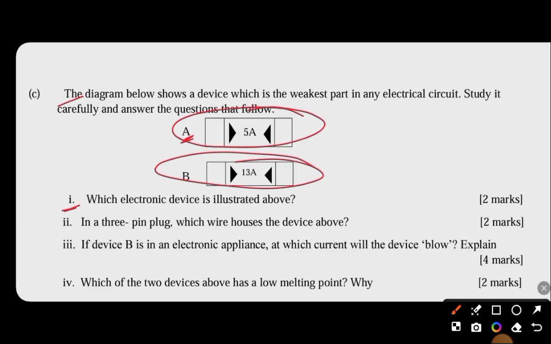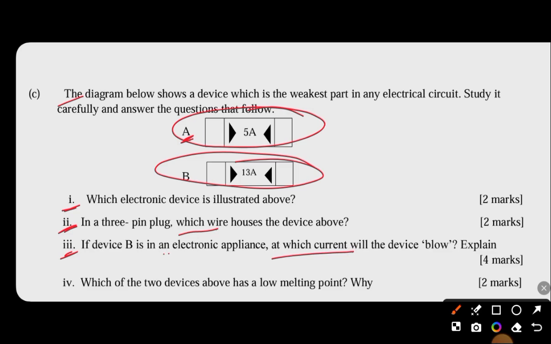It is a fuse. Then II, in a 3-pin plug, which wire houses this device? The live wire.